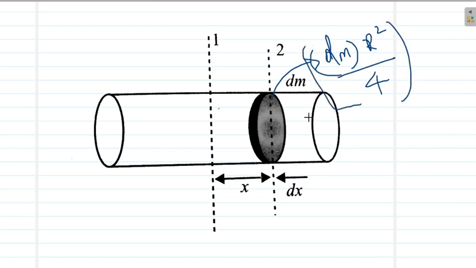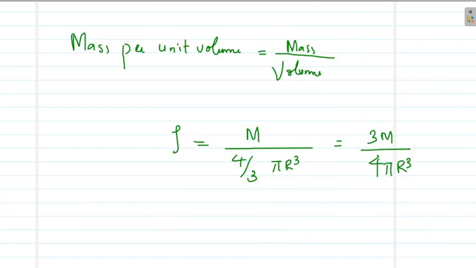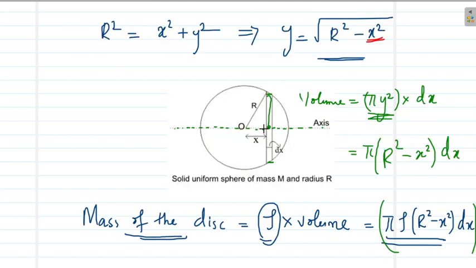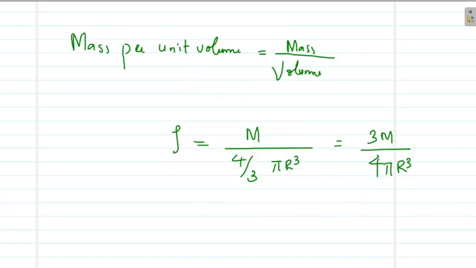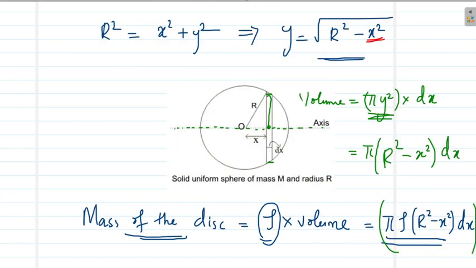This was the equation used in that particular case. So you just compare these two equations. There the axis is passing through the diameter of the disk. That is why we used that equation for the moment of inertia of the disk. In the case of the sphere, the axis passes through the center of the disk and it is perpendicular to the plane of the disk. That is why we use the equation m r squared by 2 to find the moment of inertia of the disk. So you compare these two equations and understand how they differ from each other.